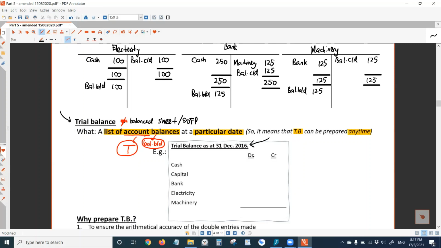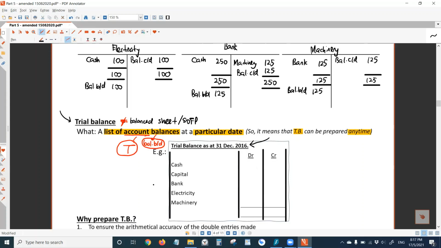Usually if the exam question asks you to prepare a trial balance, the headings would be given, so you don't waste time writing them. It has 3 columns: the debit column, credit column, and the details column.